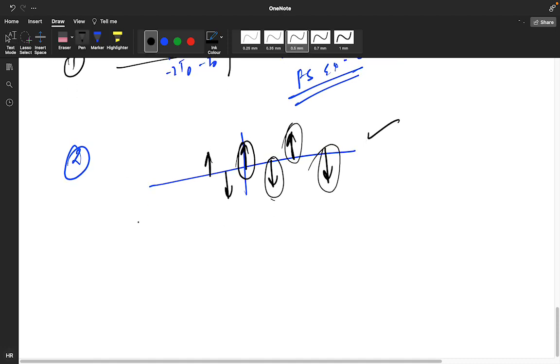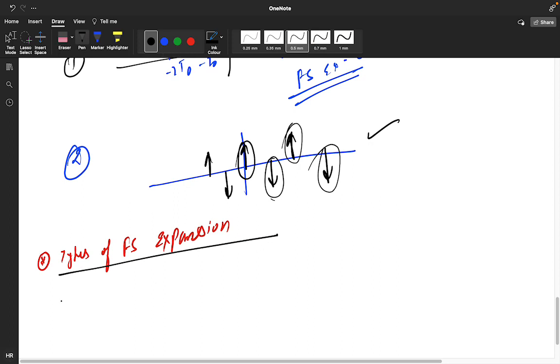Now write the types of Fourier series expansion. So what are the types of Fourier series expansion? Your first type is trigonometric Fourier series expansion.